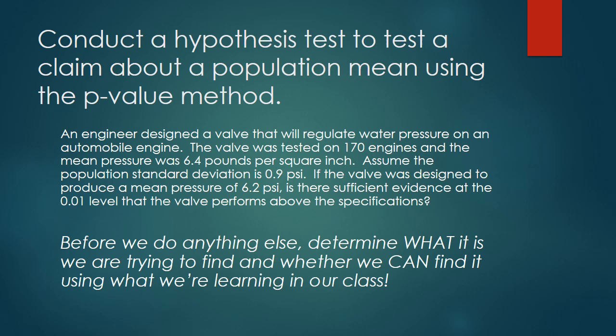Probably. These are manufactured items, and most of the characteristics of manufactured items do follow a normal distribution. We don't know, but we do know the sample size is greater than 30. We're testing 170 engines. So yes, we can use the techniques that I'm going to show you, and that your book shows you, and the homework shows you, and all that good stuff.